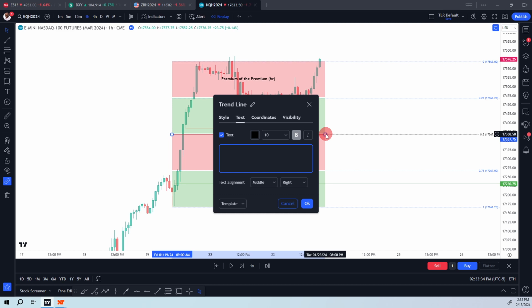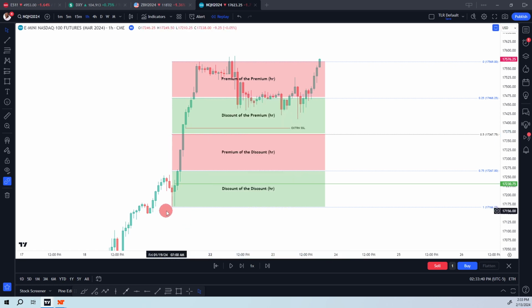It's sell side liquidity. Buy side liquidity is above a swing high. So anytime you see a swing low, there's sell side liquidity under there. Anytime you see a swing high, there's buy side liquidity above there.